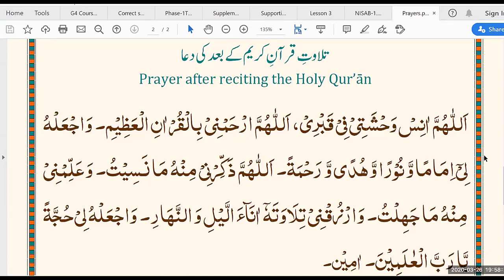So which letters are called mufakham? If you think you know the answer, please raise your hand. Okay, and if I can request the ST to choose a student.